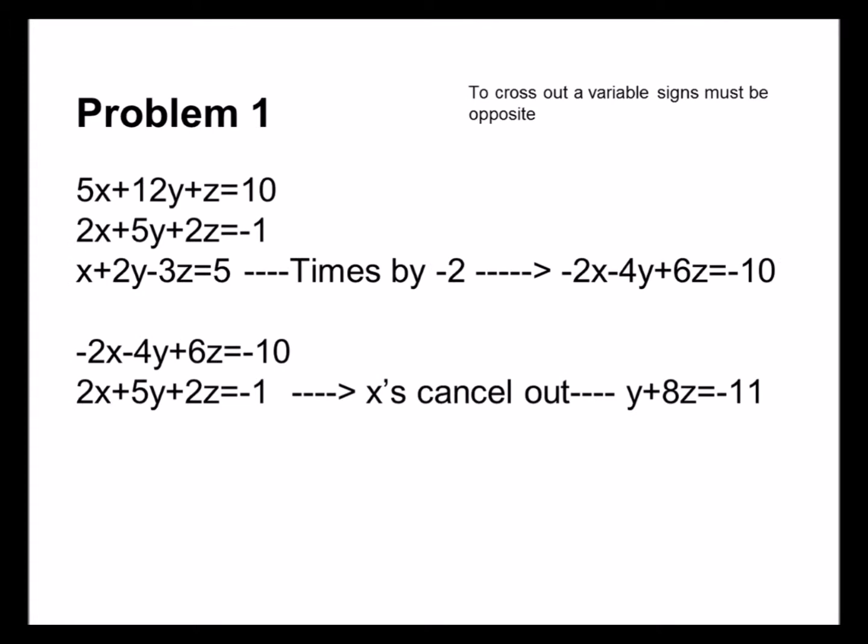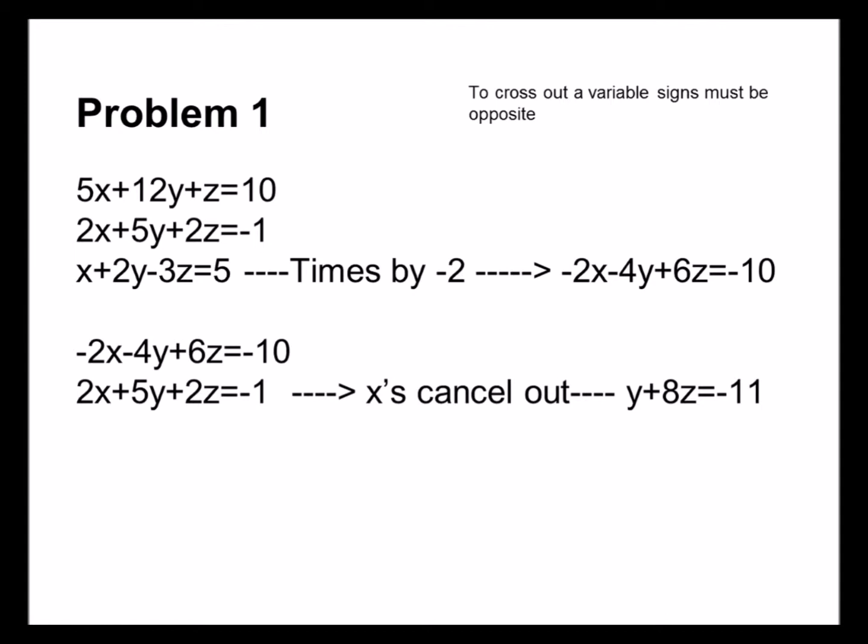So the first problem is 5x plus 12y plus z equals 10. Then 2x plus 5y plus 2z equals negative 1. And x plus 2y minus 3z equals 5. So the first thing you're going to do is try and get those three equations down to two by taking out a variable.